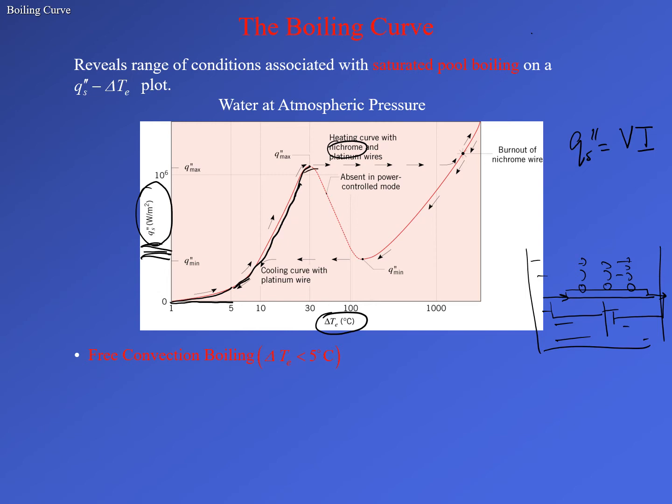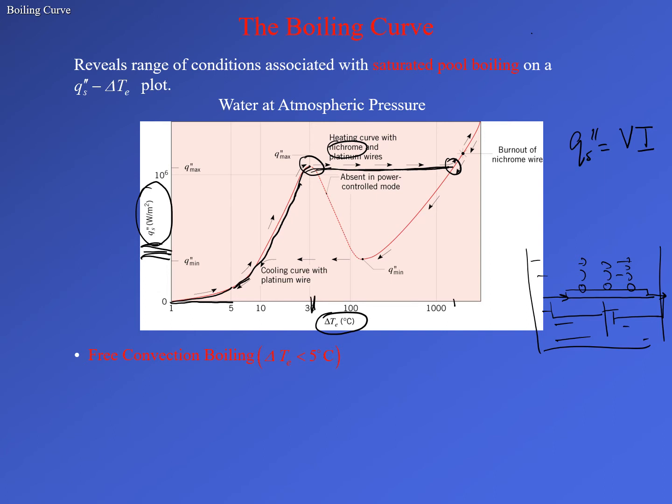As you see from these arrows, you jump from this point of the curve to this point. That means that there is a sudden increase in the temperature of the surface of the nichrome wire. There's a stark increase from 30 degrees all the way to 1000 plus degrees.